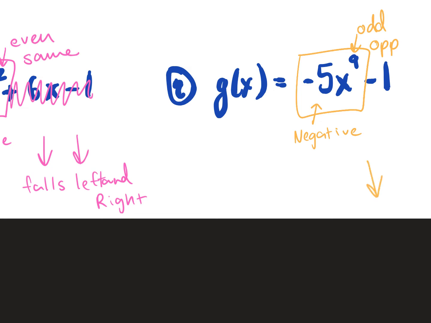Right arrow goes down, so the left one goes up. If it's negative, the right one goes down. So negative and positive determines the right arrow, and once you have the right one, whether they go in the same or opposite directions lets you decide the second. So this one rises left and falls right.